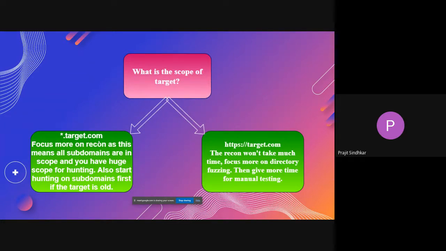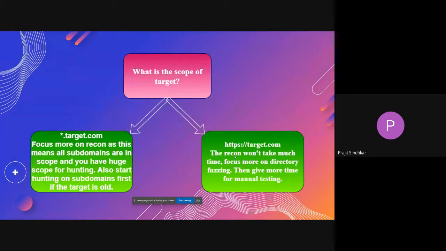But if your target is given like this, where they have given you specified URLs, this one URL, this second URL, and this third URL, and you are only supposed to hunt on these URLs, what will happen? Mostly the recon part would be impaired here, because you don't have to look for subdomains, etc. You have a smaller target scope, so at the end, recon won't take much time.